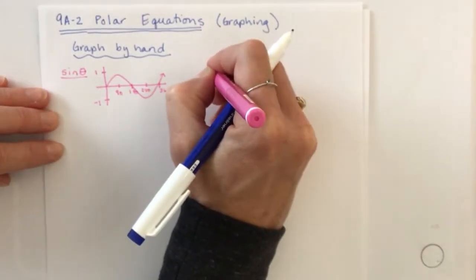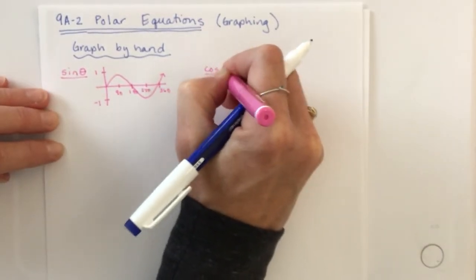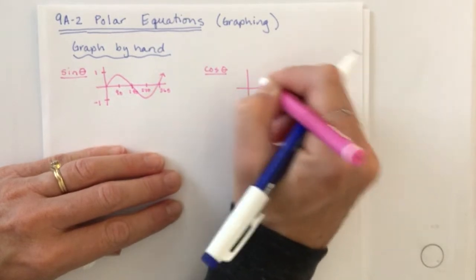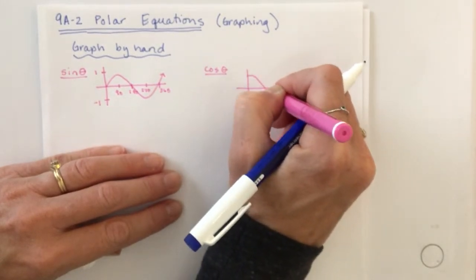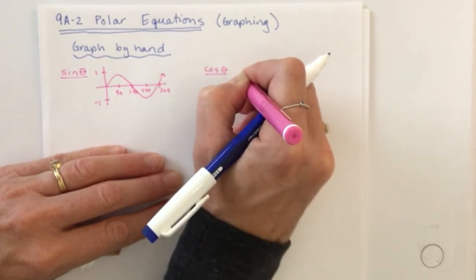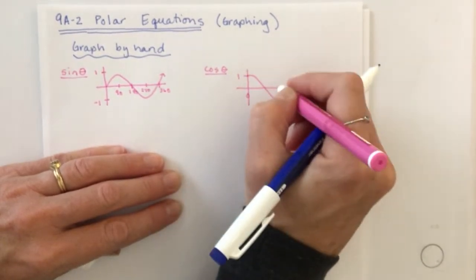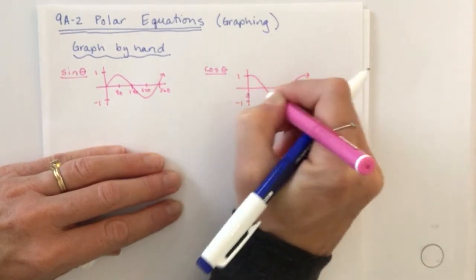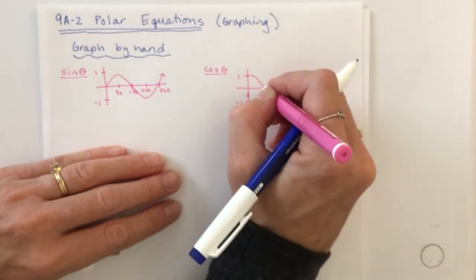And then we'll put cosine over here as well. And that starts at 1 and dips down and comes back. Okay, so that's at 1, and that occurs at 0, and a -1 here. Can you see that? Yeah, okay, good.